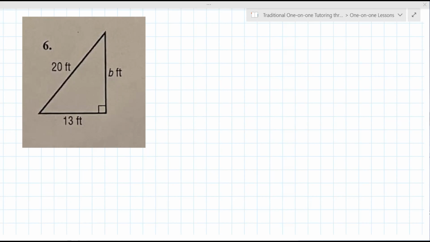Oh, never mind. Okay. The triangle is oriented differently, but it's the same type of problem. It's a squared plus b squared equals c squared. I was confused.